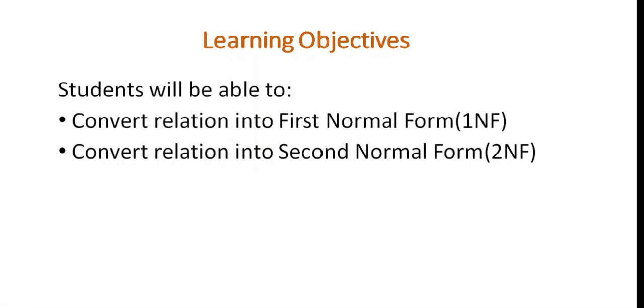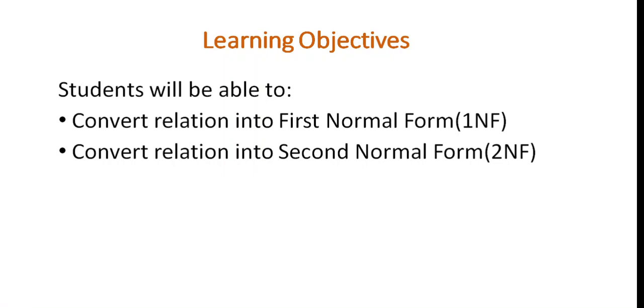So in the last video, we have studied different anomalies in a database system like insertion anomaly, update anomaly and deletion anomaly, and also the redundancy problem that occurs in a database system if it does not have a good database design. To avoid all these anomalies and the redundancy problem in a relation or in a database, the normalization process is used.